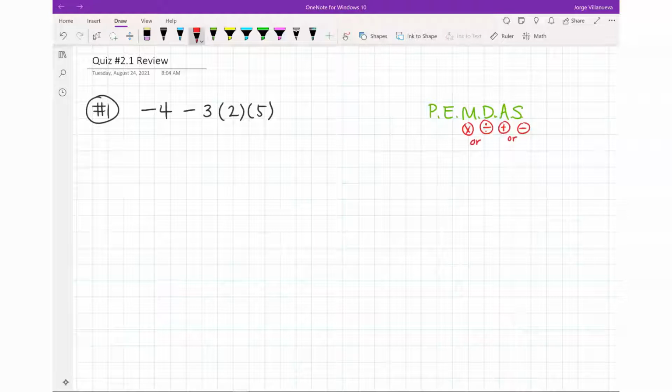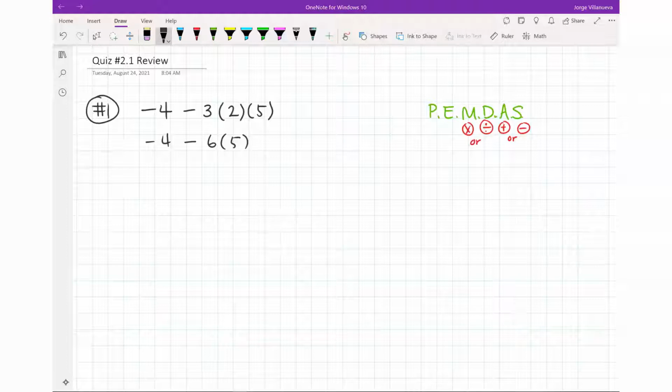So notice in this example that I gave you, there is no parenthesis, there is no exponent, there is multiplication. So let's go ahead and multiply. Let's start with 3 times 2. So -4 minus 3 times 2 is 6 times 5, but yet again there's still more multiplication.